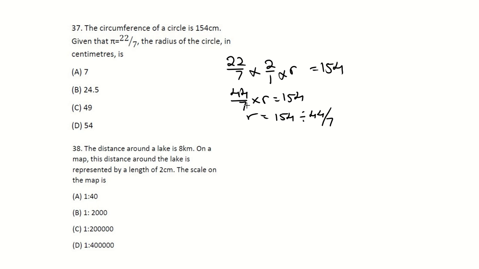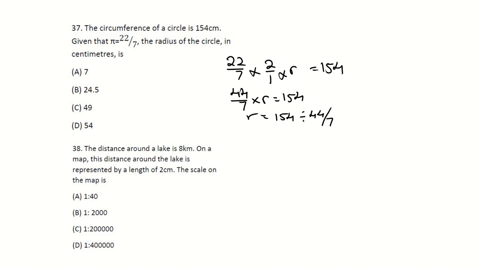Am I doing this correctly? 2 twos are 4, right? Or you could just use these answers and put it in and see which one would give you your answer.